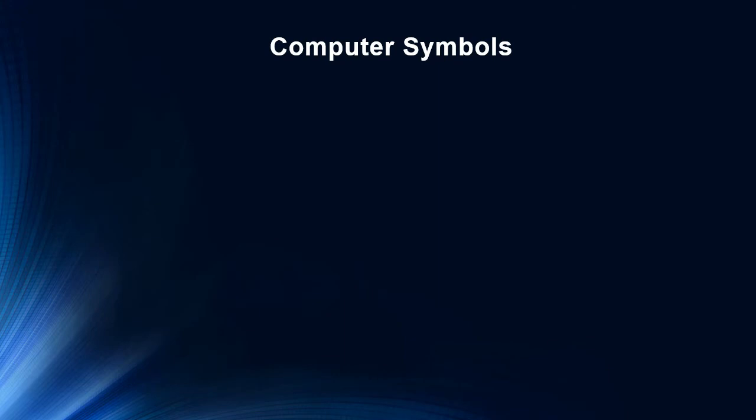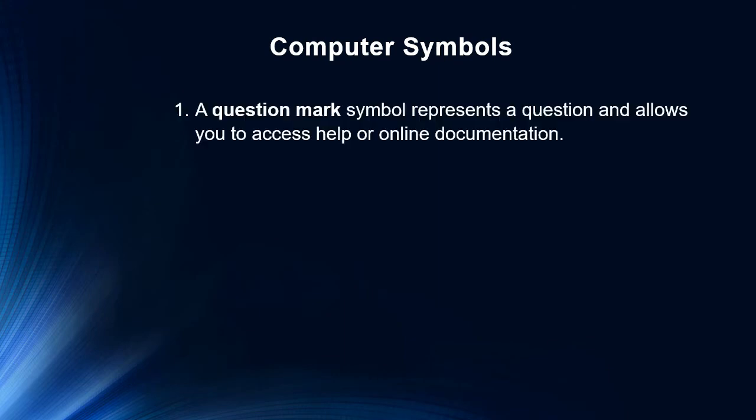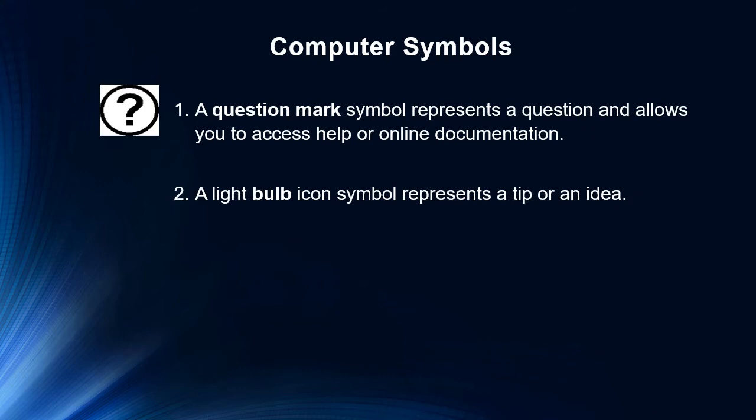We also have the general computer symbols. Number 1, a question mark symbol represents a question and allows you to access help or online documentation. Number 2, a light bulb icon represents a tip or an idea.